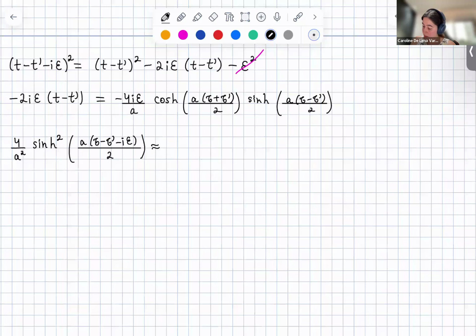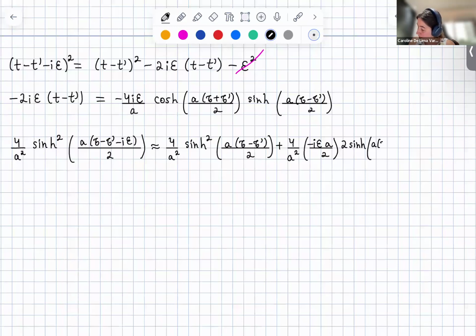If I expand, this is going to be 4 over a squared, just the term without the epsilon, and then the other contribution, the correction, is going to be minus i epsilon times a over 2, and then I have 2 hyperbolic sine of the difference times cosh of the difference as well.